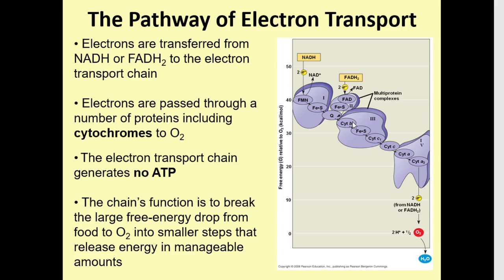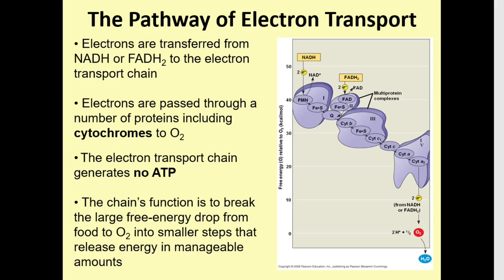And what we'll see on the next slide is that in the matrix, so this is all the matrix here in the middle of the mitochondria, all of those hydrogen ions that we saw generated during glycolysis, the link reaction and the Krebs cycle are inside the matrix here. So remember, a hydrogen ion is just a proton.